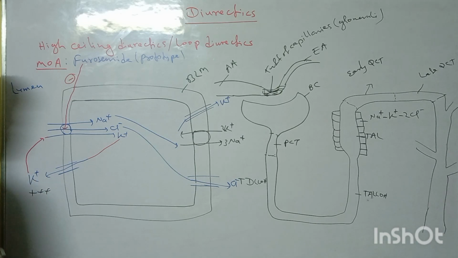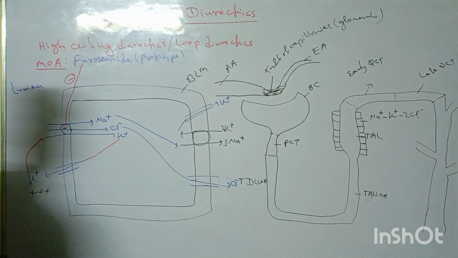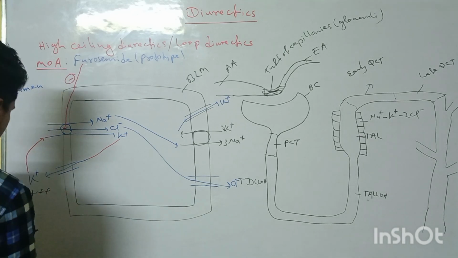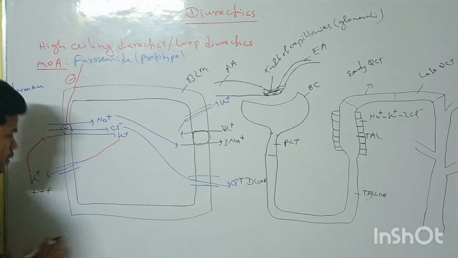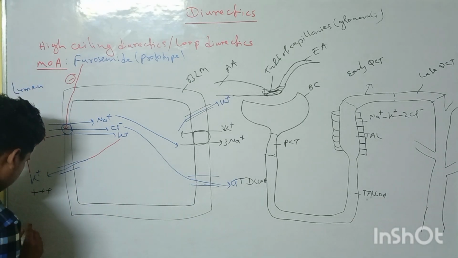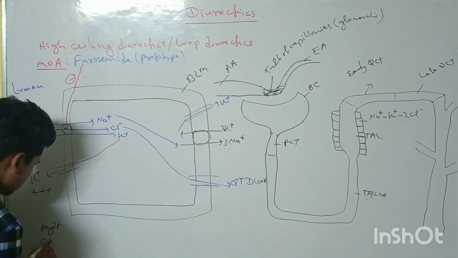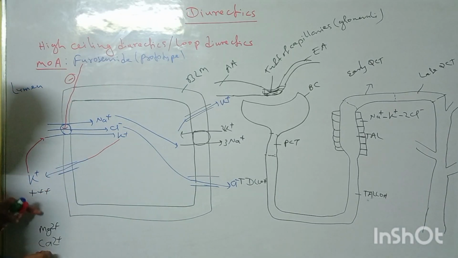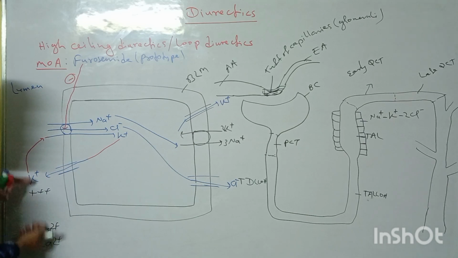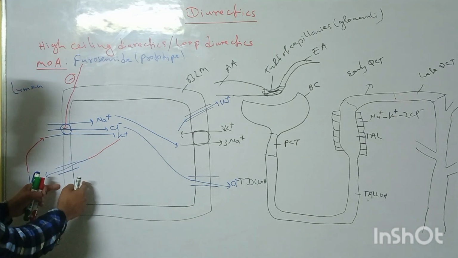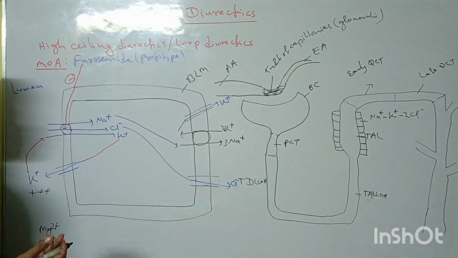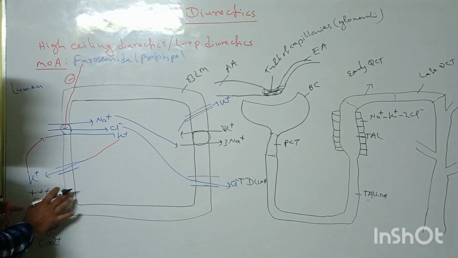Why is this positive potential needed? Since this positive potential is created here, there are also some bivalent metals in the lumen that should be transported into the cell and into the plasma, for example magnesium and calcium, which are bivalent ions. Because of this positive potential, and positively charged particles here also, they will repel each other, and the body's physiology will try to neutralize this potential difference between the renal epithelium and the lumen.